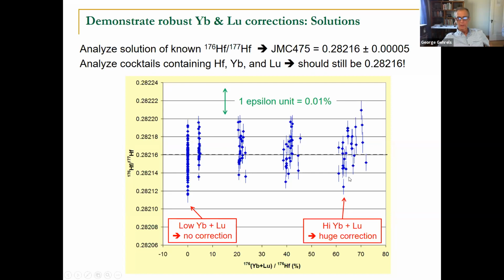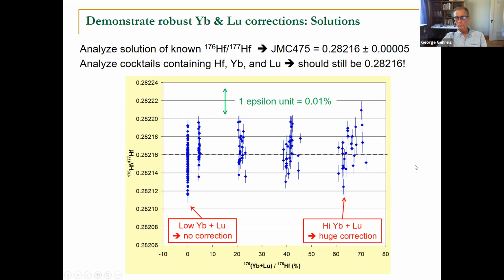And now what we're going to do is take some of that JMC 475. It plots right here on the x-axis. And so here's just a set of data from one session. You can see, oh, good news, we're kind of average about 0.28216. I'm going to take that JMC 475 solution, and I'm going to intentionally add some ytterbium and some lutetium solution to that cocktail.